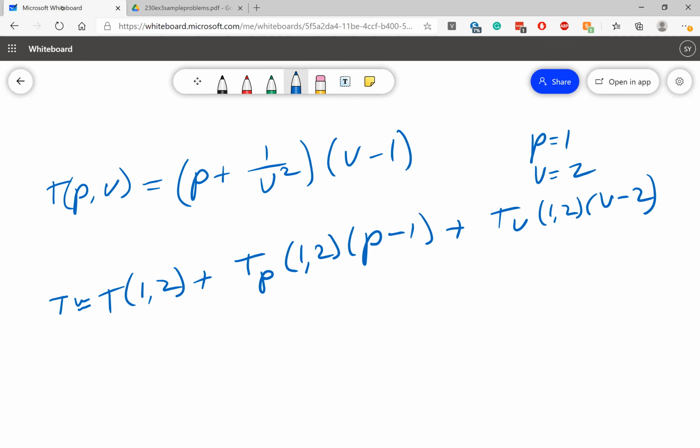So this would be our linear approximation. And so now we just need to figure out what this stuff is.